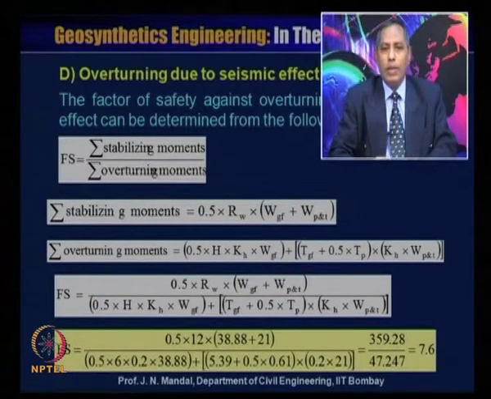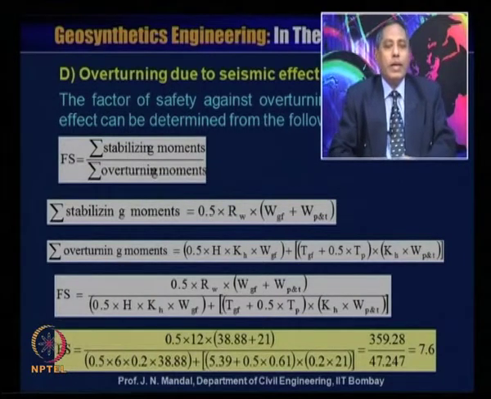KH is the seismic coefficient in the horizontal direction, where TP is the thickness of the pavement and TGF is the thickness of the geofoam.